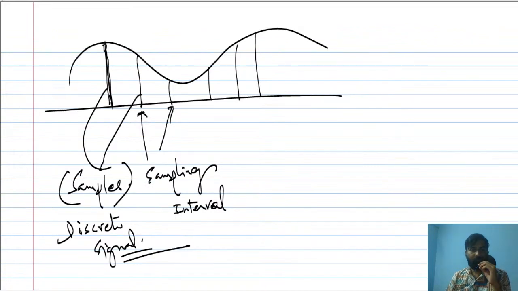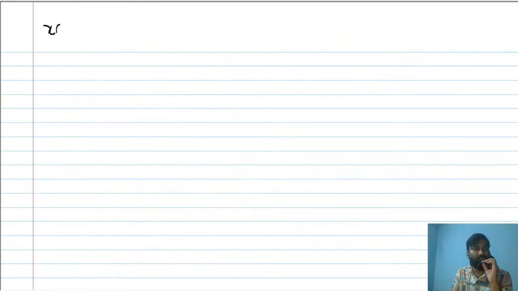One way of representing a discrete time signal is in terms of a sequence or series of numbers. In the exam, they will give you this kind of discrete time signal. Suppose x of n is given like 1, 2.